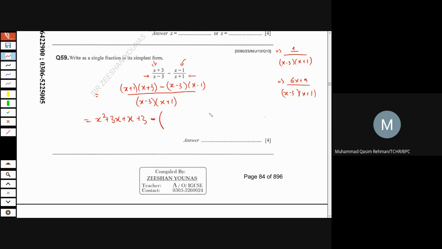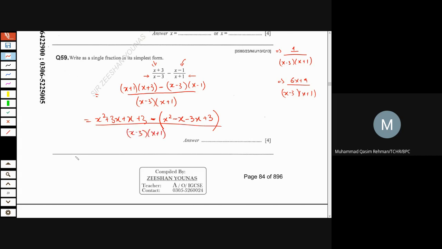And first, I'm going to expand it inside the brackets without letting this negative sign affect the values inside. So x times x is going to be x squared. x times minus 1 is minus 1x. Minus 3 times 3x is minus 3x. And minus 3 times minus 1 is plus 3. Okay, x minus 3 times x plus 1.